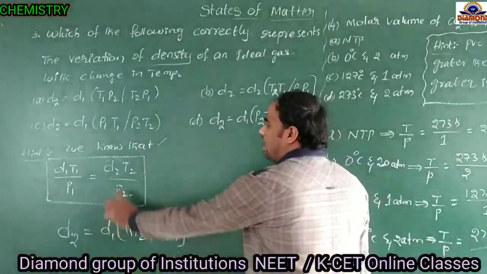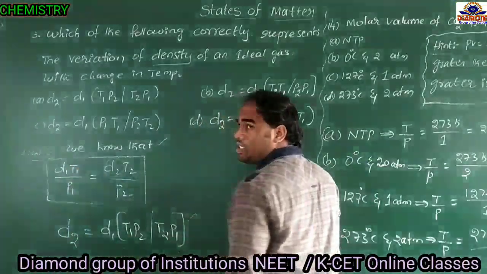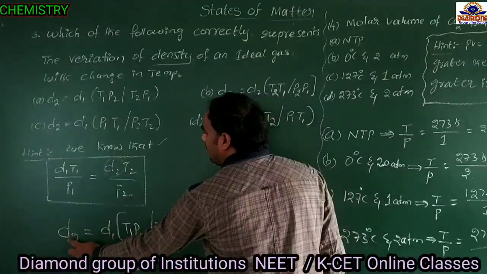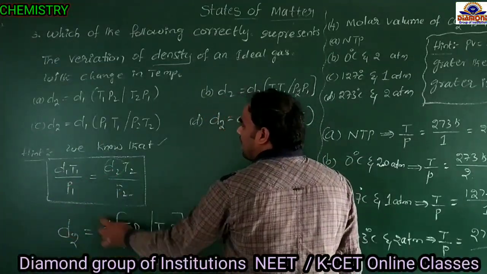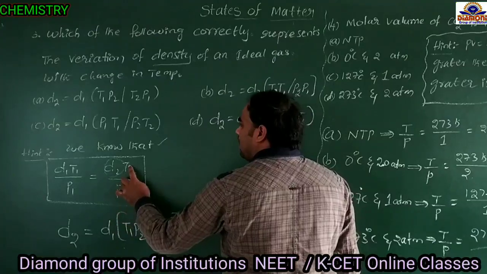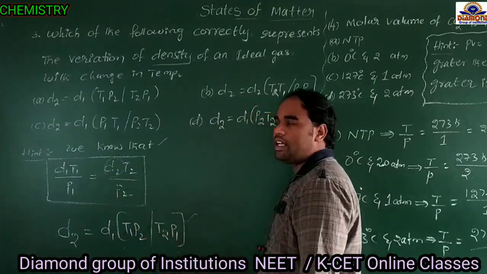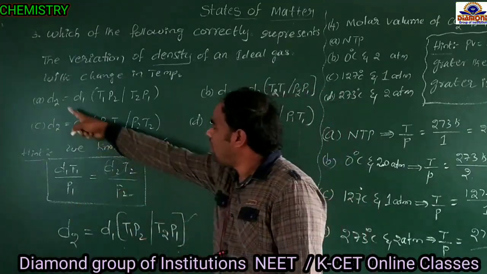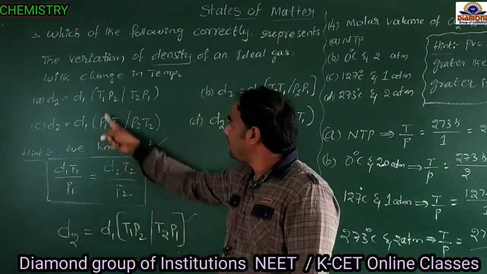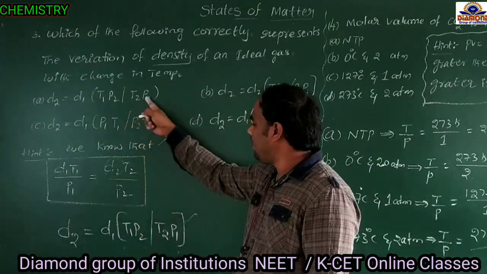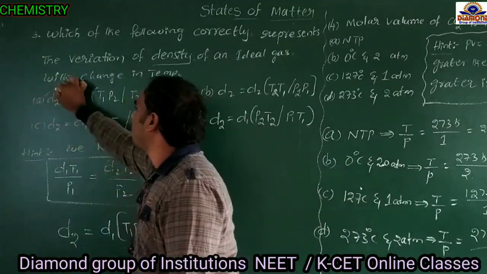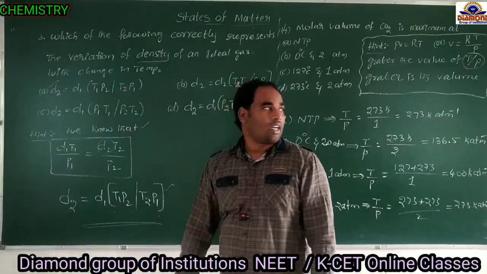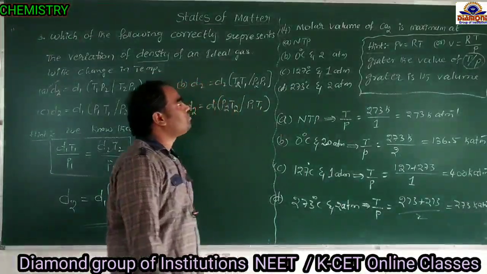From this equation, D2 equal to D1 into T1 P2 by T2 P1. So this is the related equation. Therefore, the first one, D2 equal to D1 into T1 P2 by T2 P1, is the equation. Right. Next, question number 4.